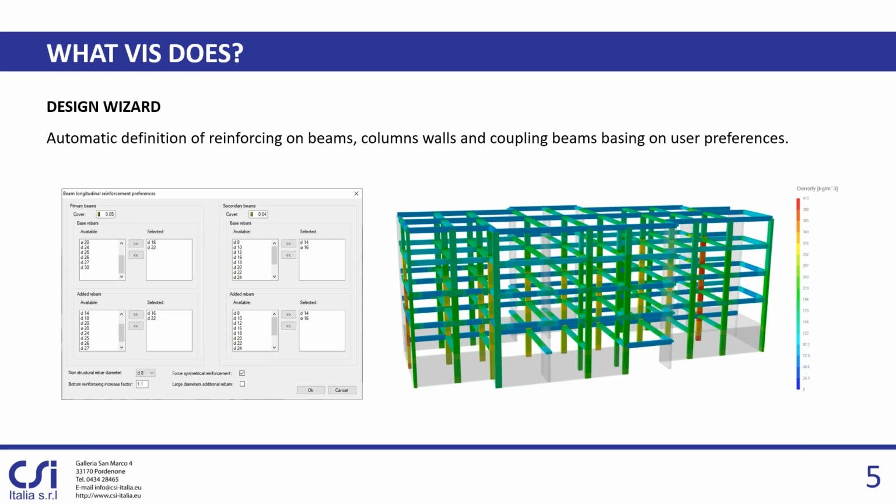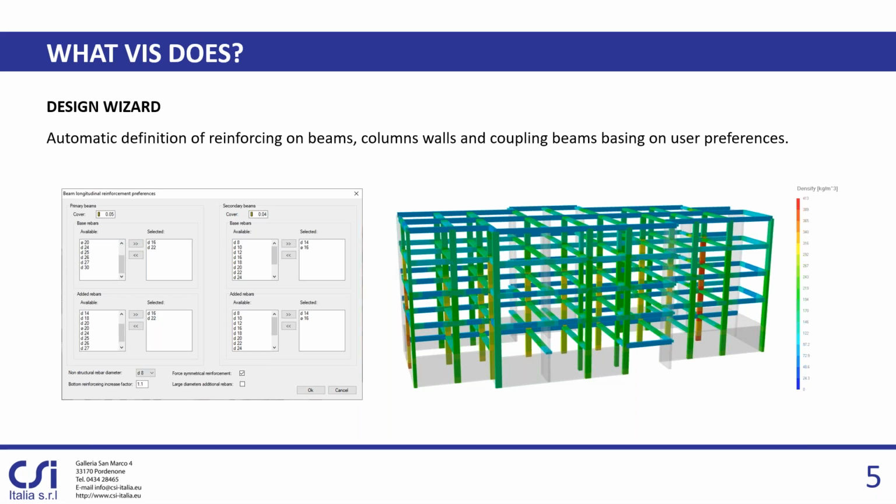The first is for sure the design wizard, which is a tool for the automatic definition of reinforcing on beams, columns, walls, and coupling beams based on user-defined preferences, which means that the user, once he has completed the import of the structure in VIS, can select some rules and some preferences that he wants to use in his design, and then VIS will populate all the elements with the required reinforcing in terms of strength, capacity, and detail and provision.